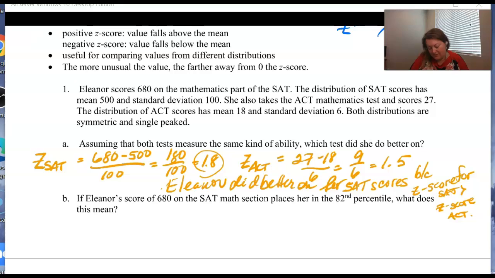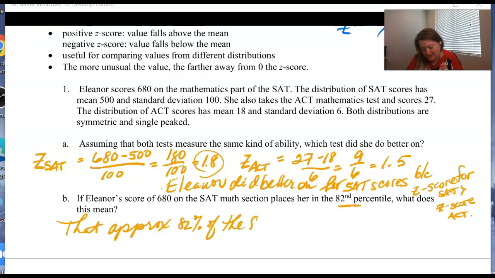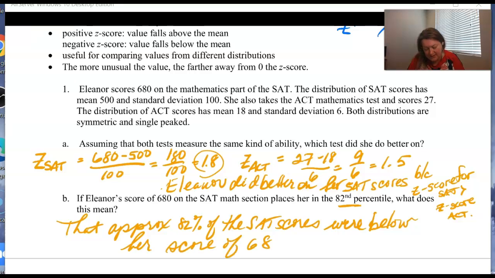Okay, and then they ask, if Eleanor's score of 680 on the SAT math section places her in the 82nd percentile, what does this mean? So we're just interpreting what 82nd percentile means. 82nd percentile means that approximately 82% of the SAT scores were below her score of 680, right?